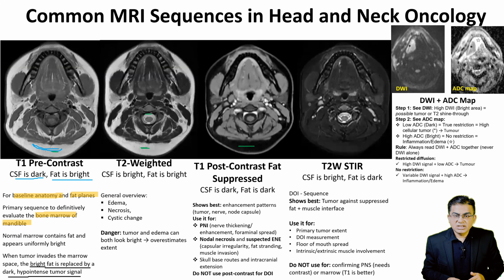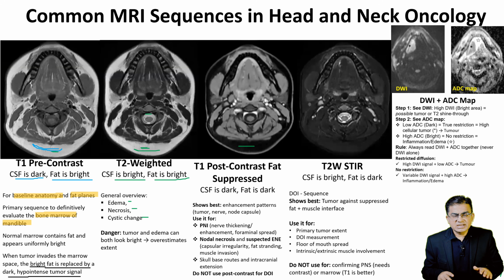Next sequence, T2 weighted. Here CSF is bright and fat is also bright. So this is your baseline anatomical map. It is excellent for evaluating overall tissue architecture, edema, fluid-filled cystic spaces.